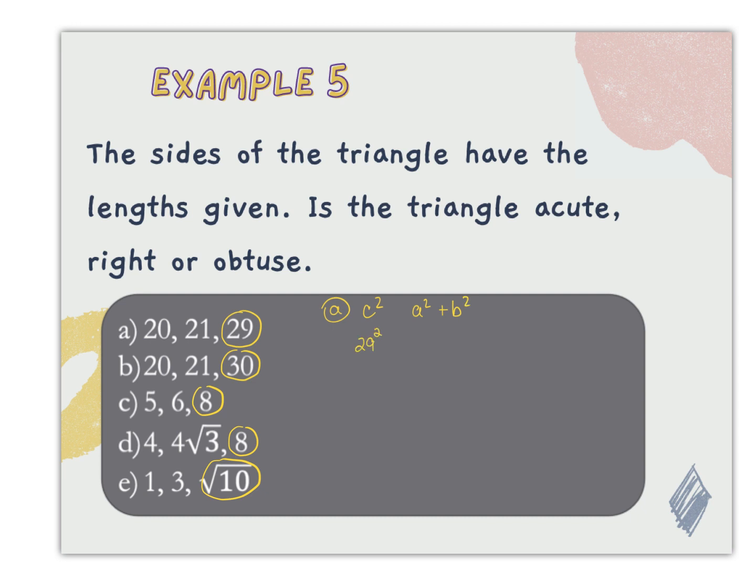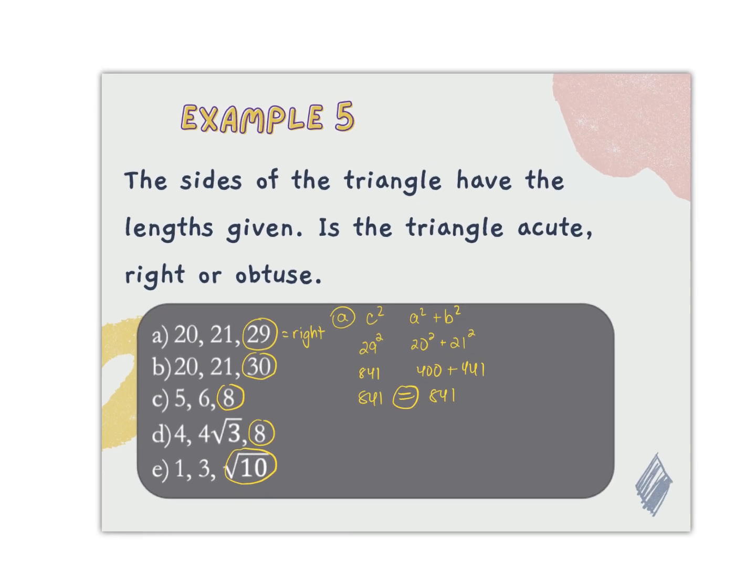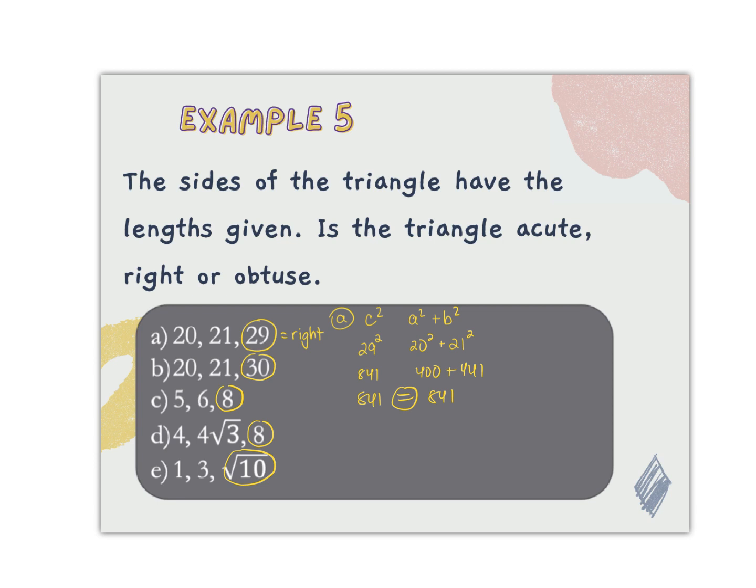We've got 29 squared, 20 squared plus 21 squared. So we have 841, 400, and 441, and I get 841 and 841. Well, I know that this equals it. So in this case, this is a right triangle because c squared was equal to a squared plus b squared. I'm going to keep going and do the second one.